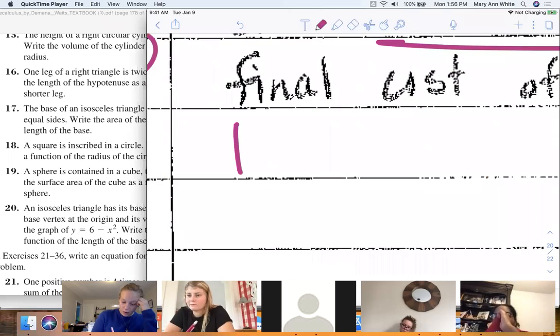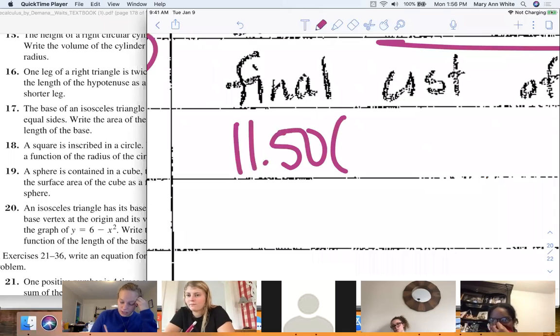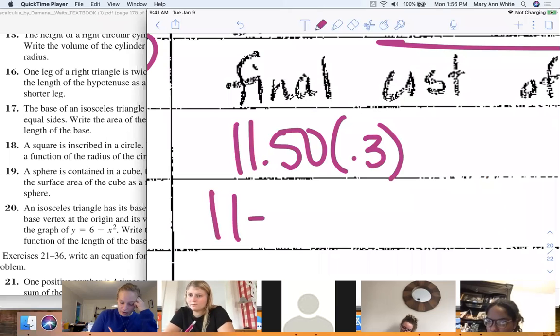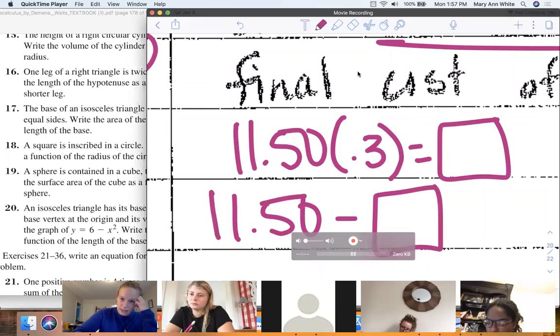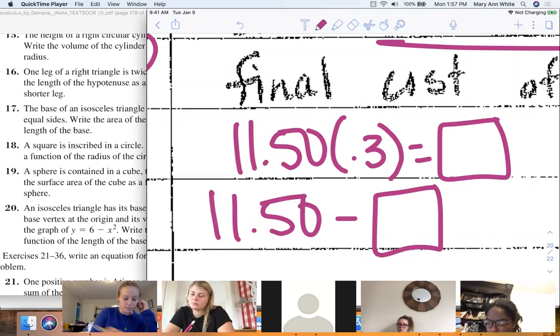You can either figure out what 30% of $11.50 is by doing 11.5 times 0.3, which is 30%, and then minusing that number from your $11.50. So whatever number I got when I did 30% of $11.50, I can just minus it from the total.